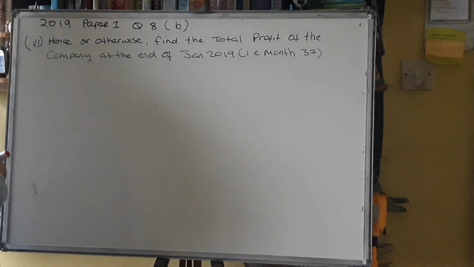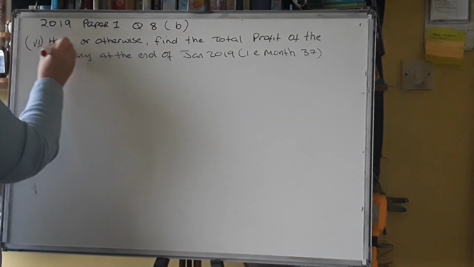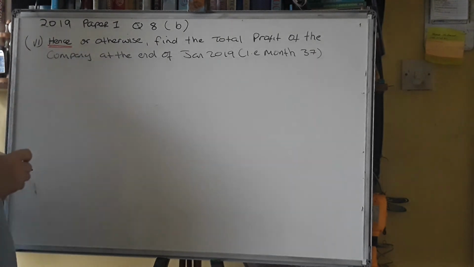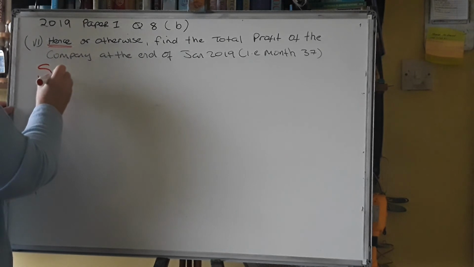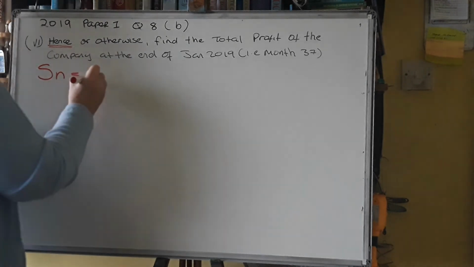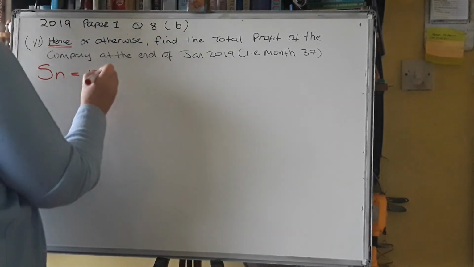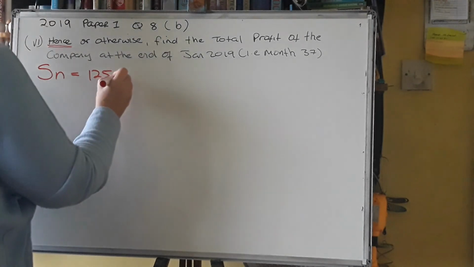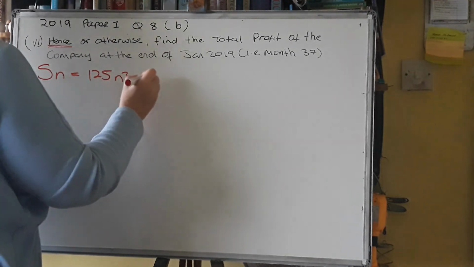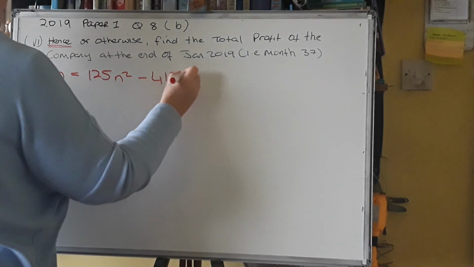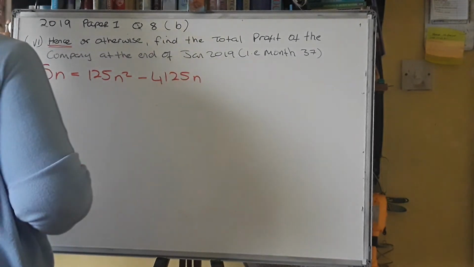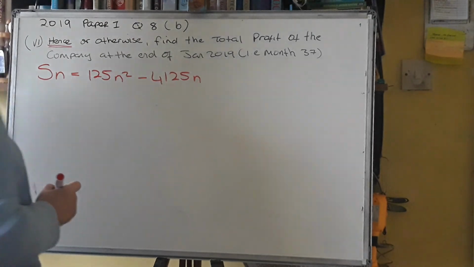So that word hence, that means they want you to use the information from the previous question. So they want you to use the Sn equals 125n squared minus 4,125n. Okay, that's what they want you to do here.